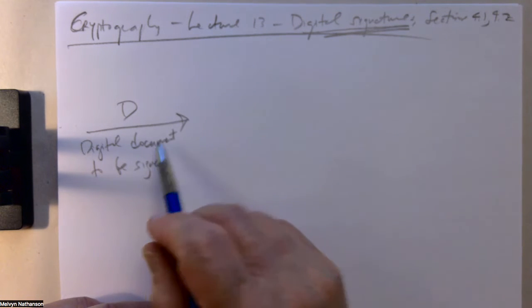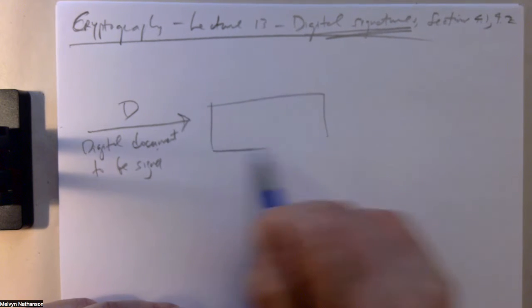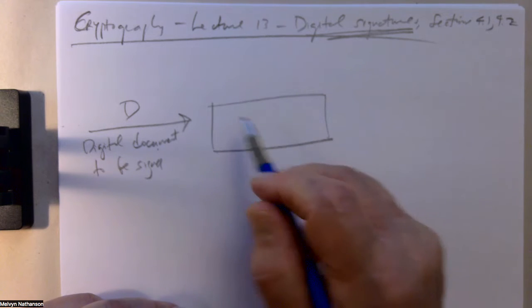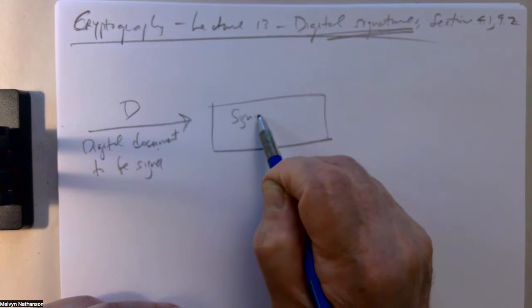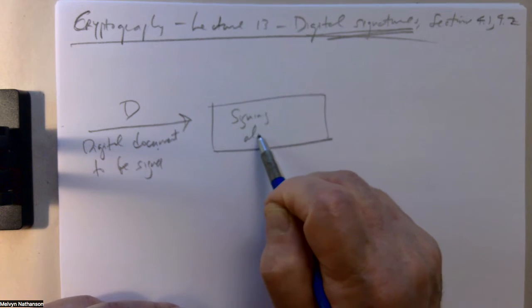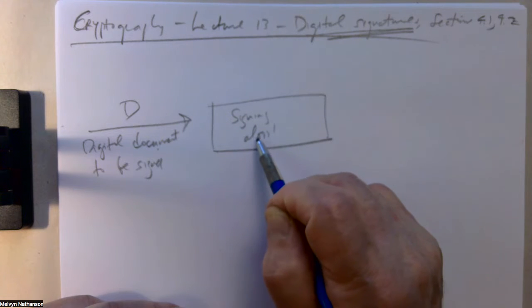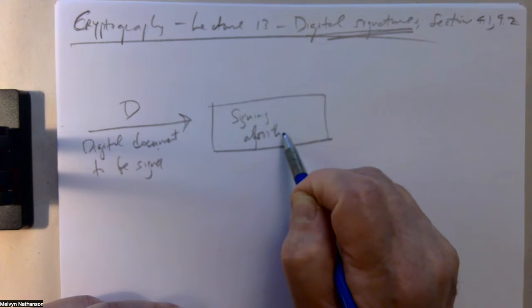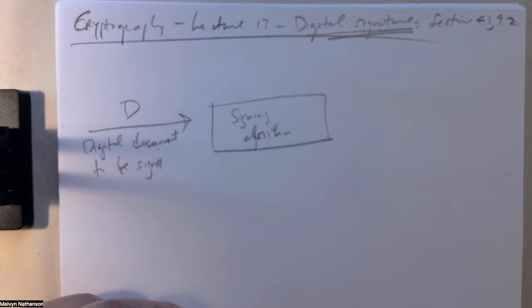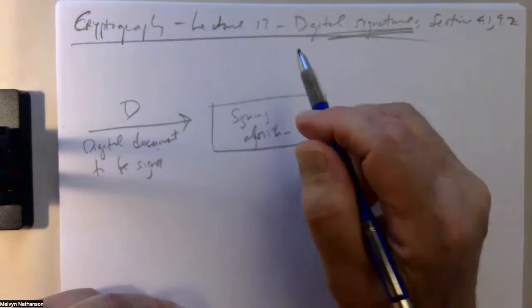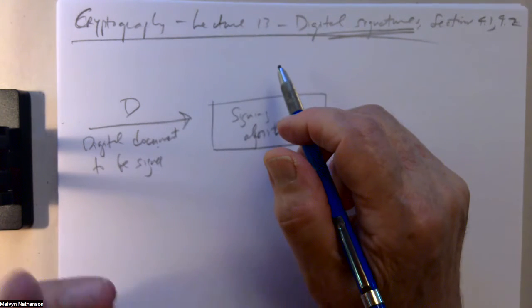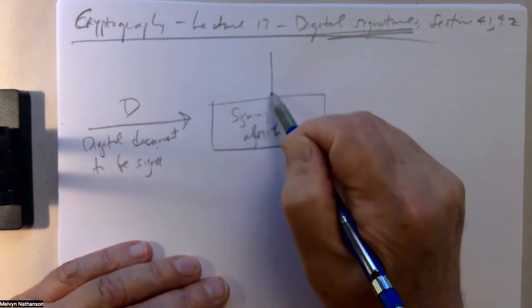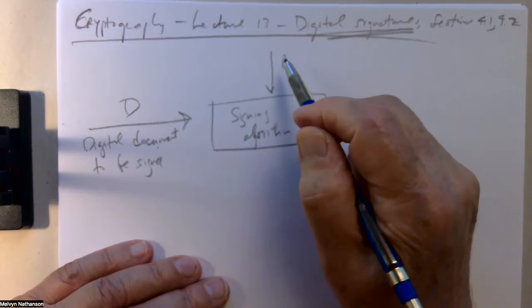So there's some digital document to be signed, and we need a signing algorithm. There is some method to sign the document, and that's going to be a secret method. The person signing the document can sign it, and no one else can duplicate that person's signature.